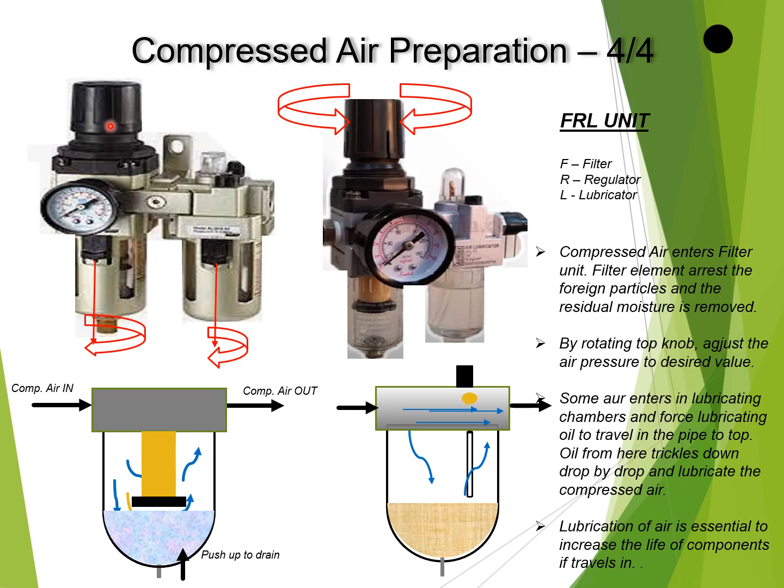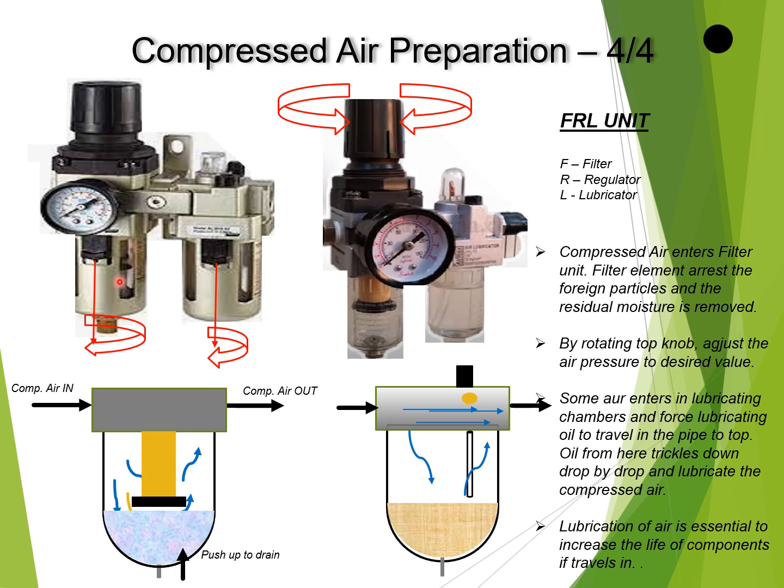The regulator at the top regulates the air pressure we need. Suppose the compressor is producing the compressed air at pressure X, but we need pressure X minus. So we can regulate the pressure here by rotating this knob.